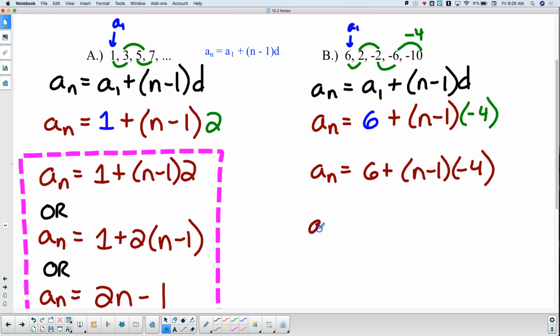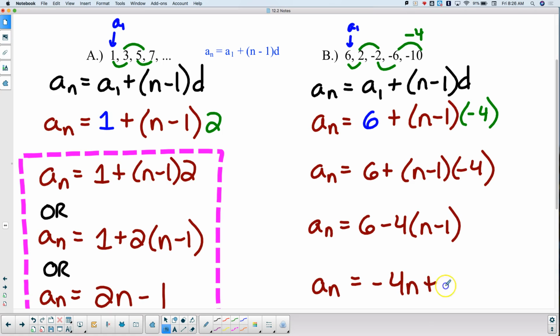That gives me a sub n equals 6 minus 4 times the quantity n minus 1 as my standard, and that gives me a sub n equals negative 4n plus 10 as my advanced.